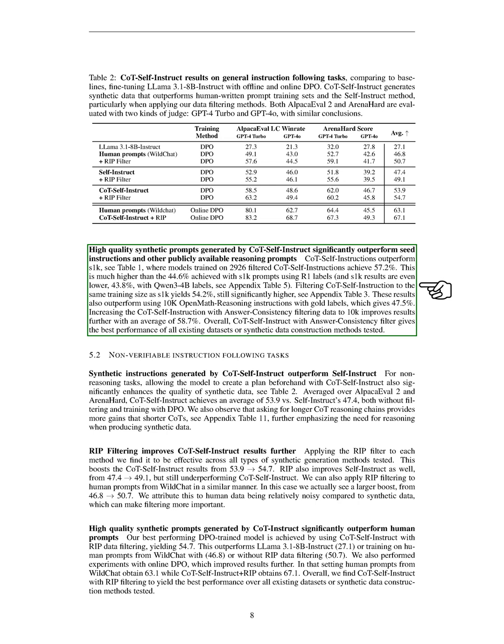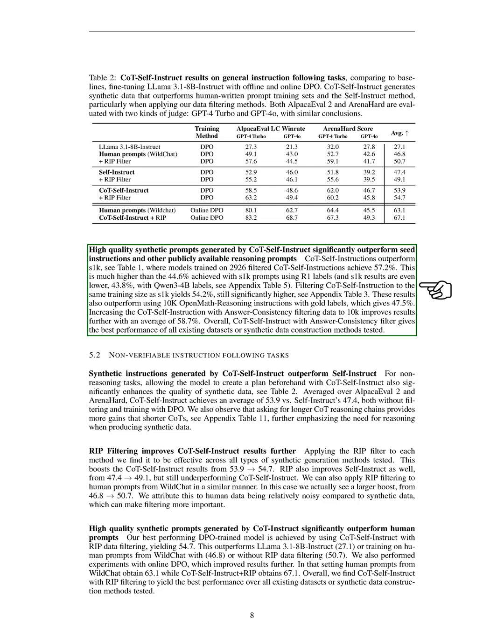Additionally, applying the answer matching filter enhances performance significantly, increasing accuracy from 53.0% to 57.2% by filtering out 40% of the CoT-Self-Instructions. We find that the high-quality synthetic prompts generated by CoT-Self-Instruct outperform both seed instructions and other publicly available reasoning prompts.